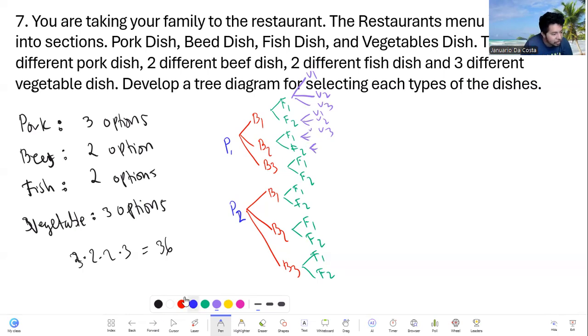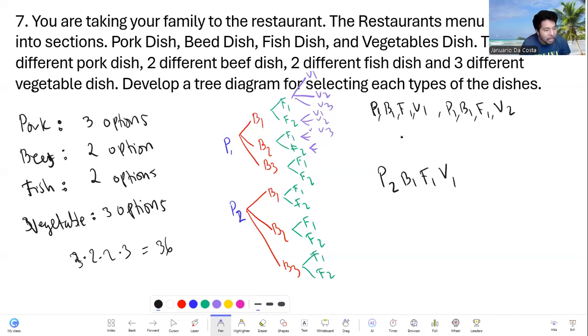So basically, the combinations of this: either you select pork 1, beef 1, fish 1, and vegetable 1, or you can select pork 1, beef 1, fish 1 and vegetable 2. Or you can go pork 2, beef 1, fish 1, vegetable 1. This is also possible, but whatever they choose, all the possible outcomes have to total 36.